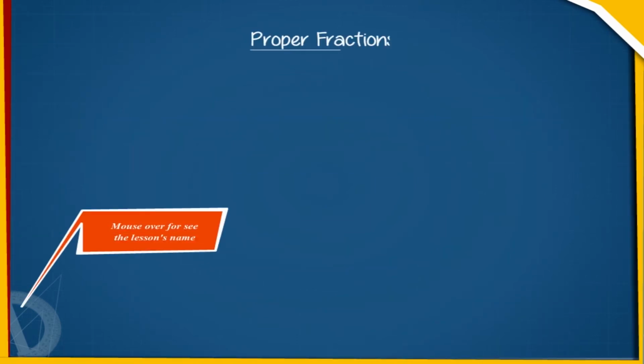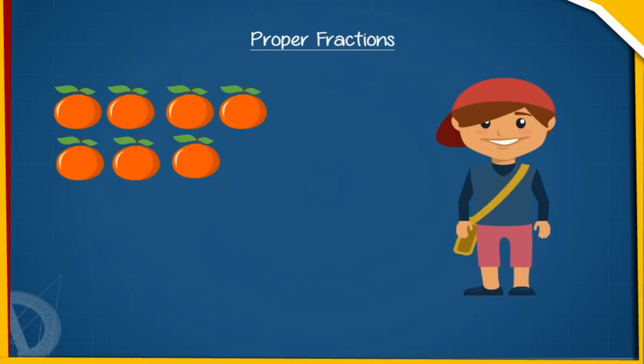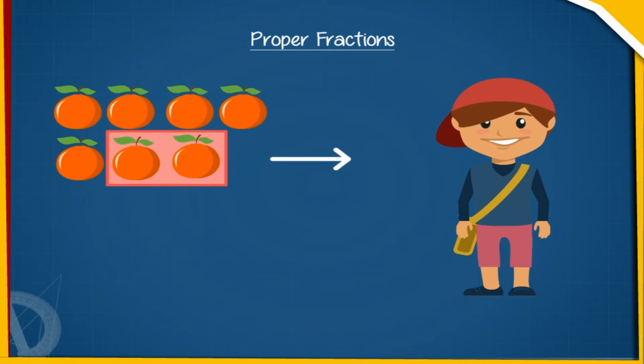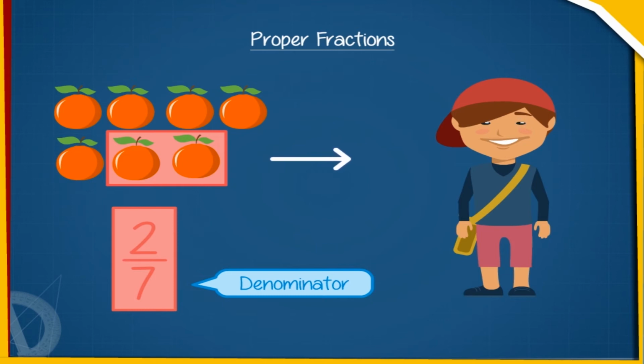Proper fractions. Here are 7 oranges, out of which Raman eats 2 oranges. This means 2 out of 7 oranges are eaten. We can write it as 2 by 7. When we talk of fractions, the denominator defines the total number of objects we have and the numerator tells the number of objects we are going to use from the total.